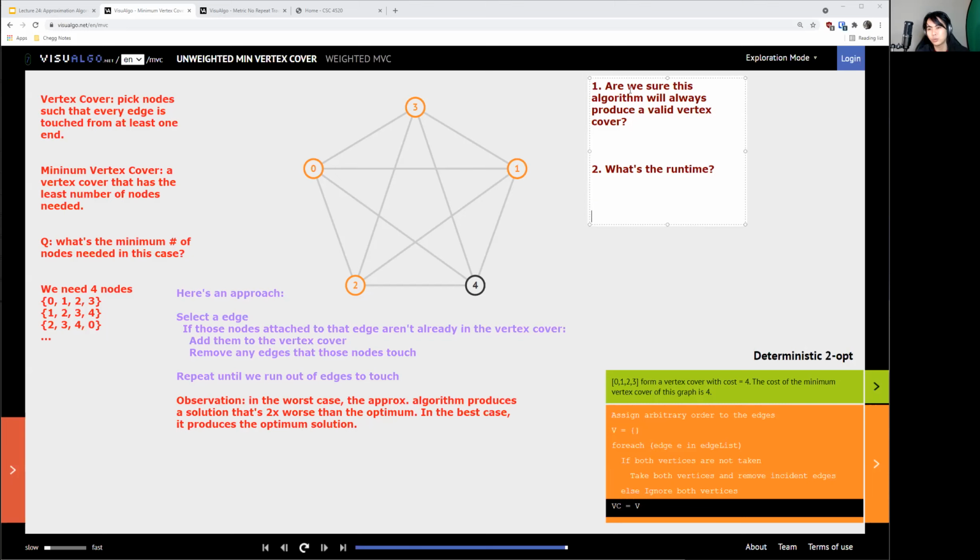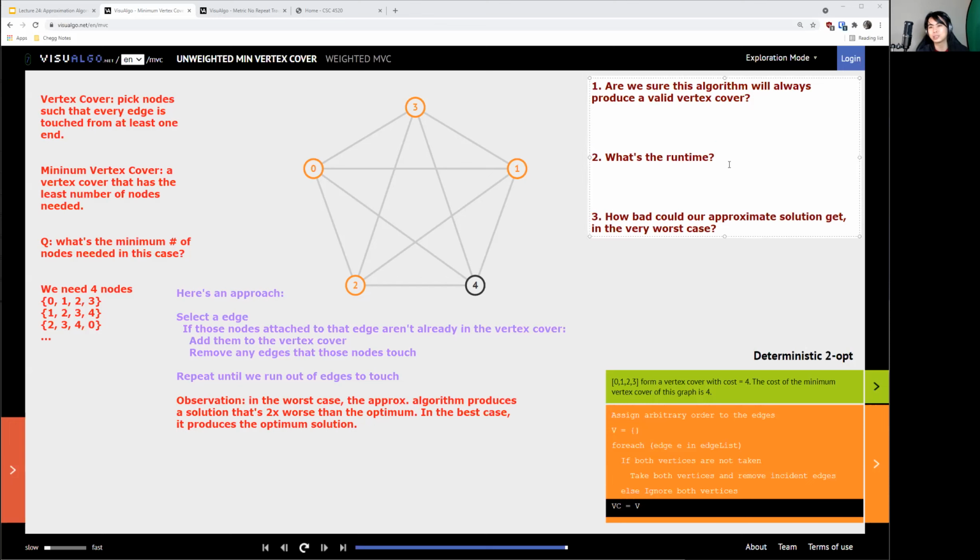Because again, we don't want this to run in exponential time. That would be just as bad as what we had before. And 3, how bad could our approximate solution get in the very worst case, right? Is there a way to prove using math or logic that the worst case scenario is that it'll always be 2 times as bad and no more, right? It could never be 3 times as bad is what we're hoping.